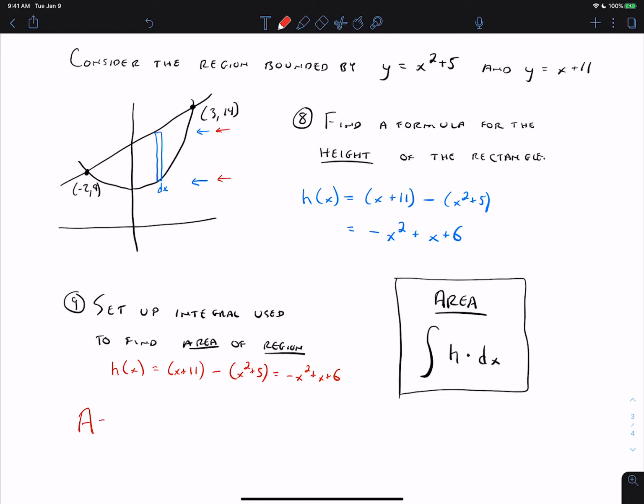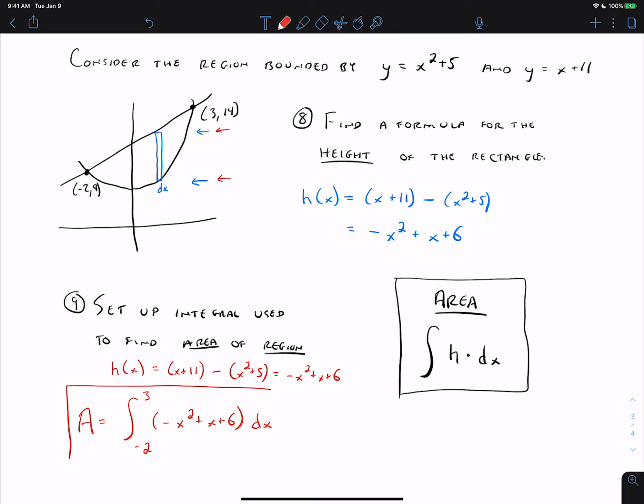So the area of the region is the integral of the height function, negative x squared plus x plus 6, times the base dx. And now we want to add up all of the rectangles in the region. This is dx, so we want from the smallest x to the largest x in the region. The smallest x in the region is negative 2. The largest x in the region is positive 3.